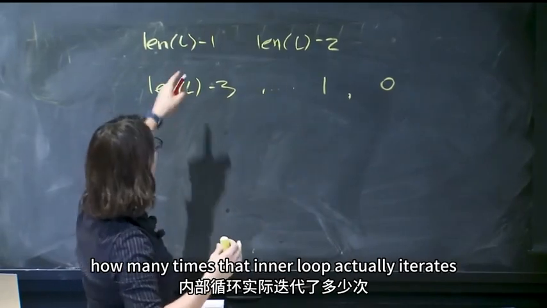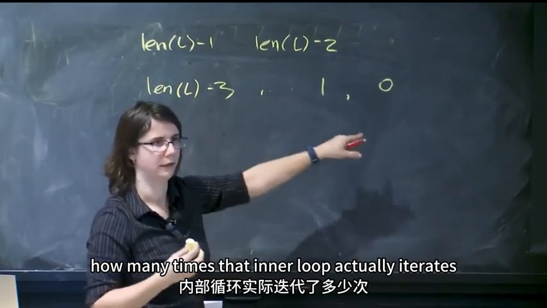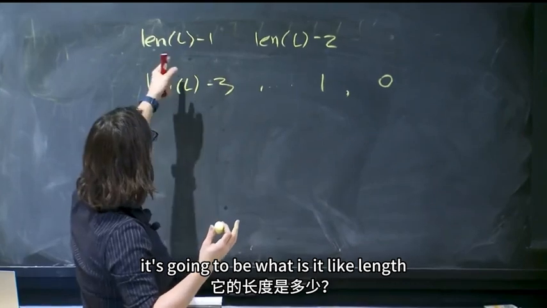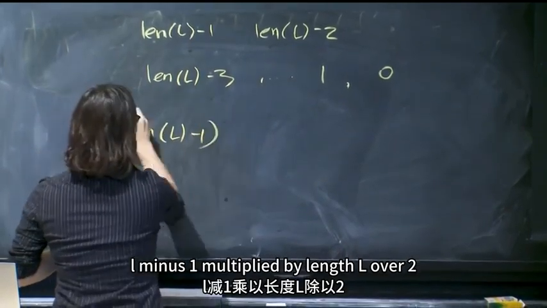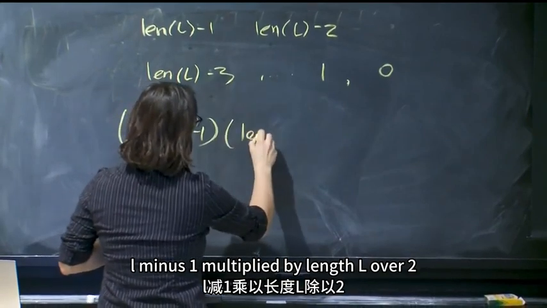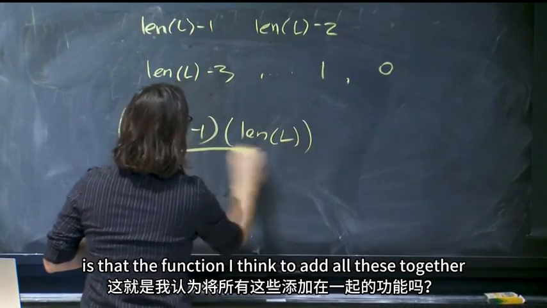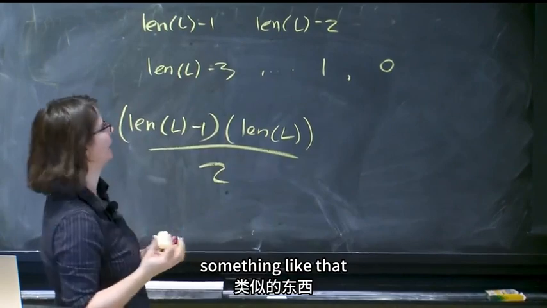So if we think about how many times that inner loop actually iterates, it's going to be something like length L minus 1 multiplied by length L over 2. Is that the function to add all these together? Something like that.